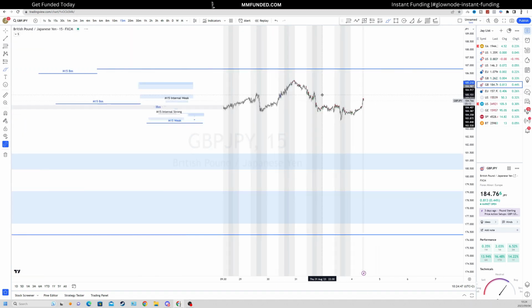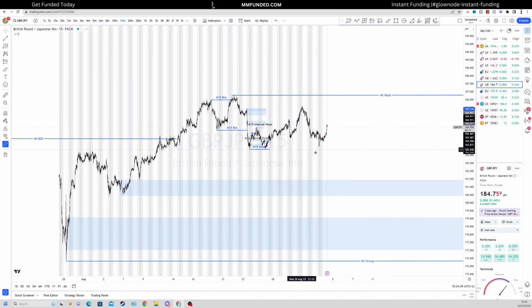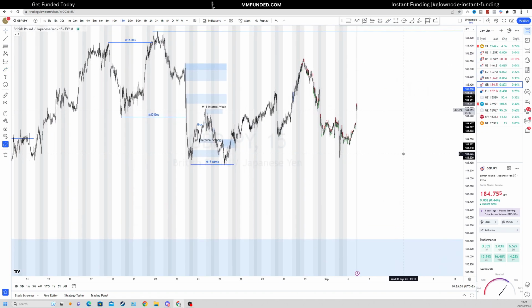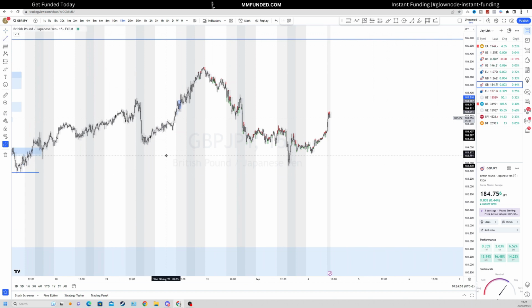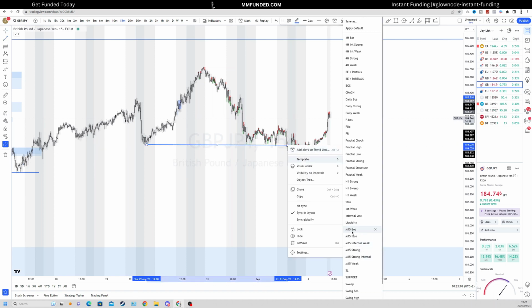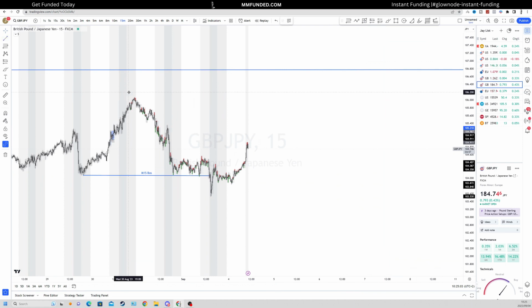Okay, so M15 time frame, most recently we've had this M15 swing break of structure to the downside, which was only over here at this body candle closure. Okay, this can become our M15 strong high. And this can become our M15 weak low.